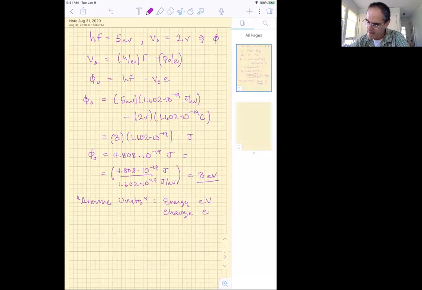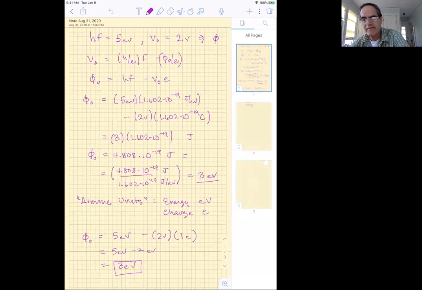Okay? In these units, then, the work function is just 5 electron volts minus 2 volts times 1 electron charge. And so that's 5 eV minus 2 eV, 3 eV.